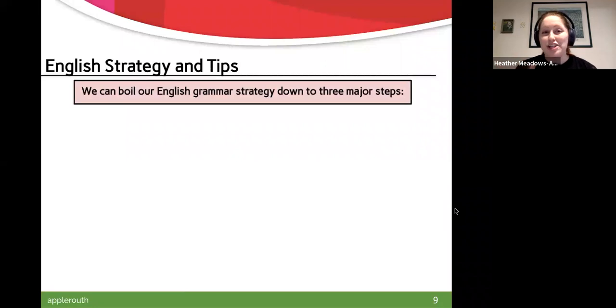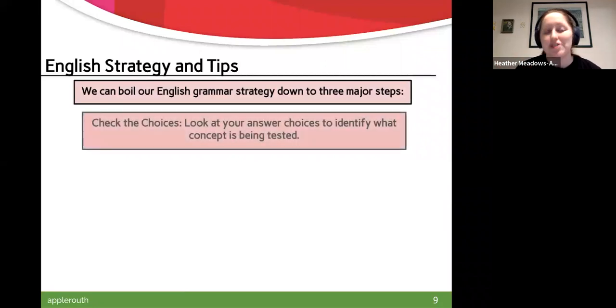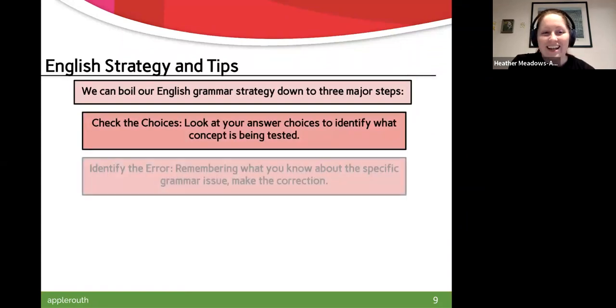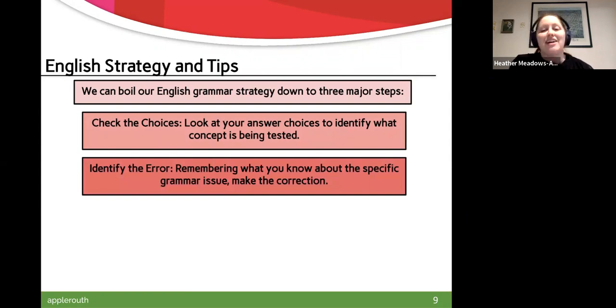So some overall strategy for that English section, right? There's three major steps. First, look at the answer choices. That helps you identify what concept's being tested, right? If you look at the answer choices and you notice that the only thing changed in between each of them is commas, then we're getting tested on commas, right? Then figure out the error, right? Remember what you know about the specific rule, if it's a grammar rule. And make the corrections, right? What's the problem here?